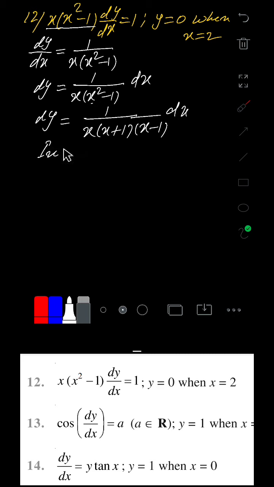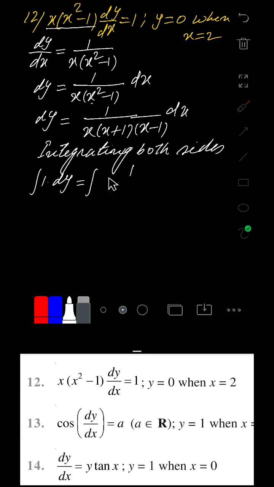Integrating both sides, we get integral 1 dy is equal to integral 1 upon (x plus 1)(x minus 1) dx. Then obviously this is similar to the previous one, because this is the case of partial fraction, and now we have to break it up into partial fractions with the help of the partial fraction method.